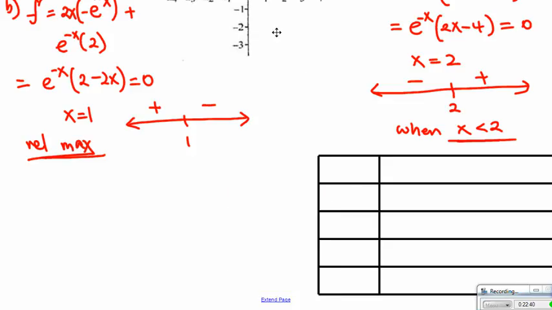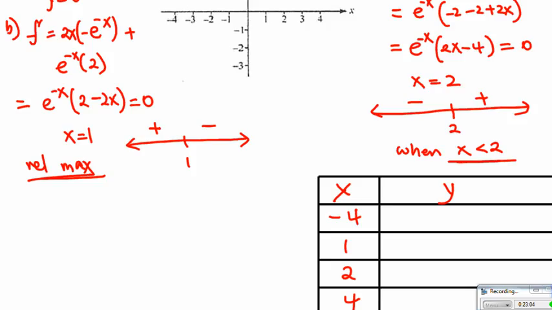So this is the x value, this is the y value. Negative 4, the starting point, is very important. And then 1 is also important because that's a critical point. And 2 is the point of inflection, and then 4 will be the other point.